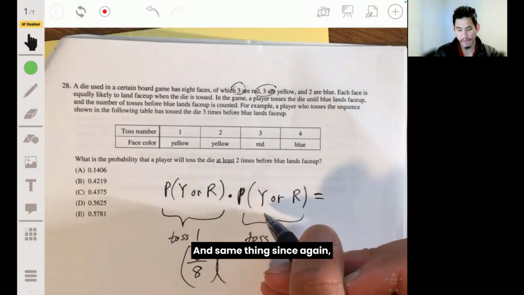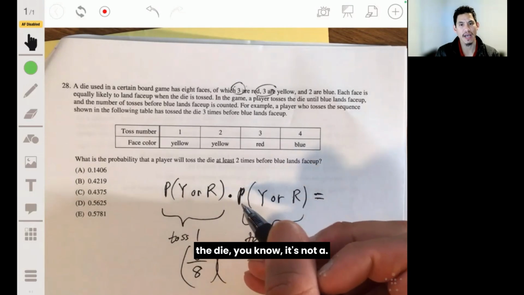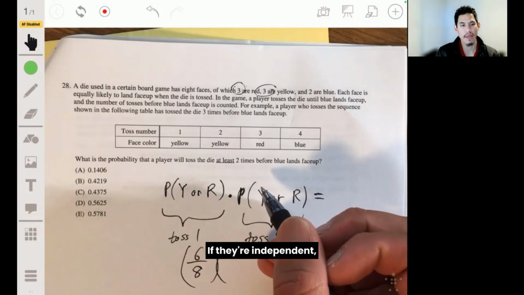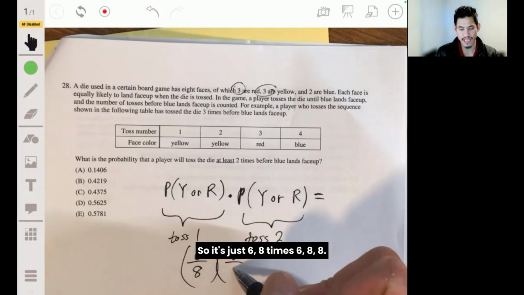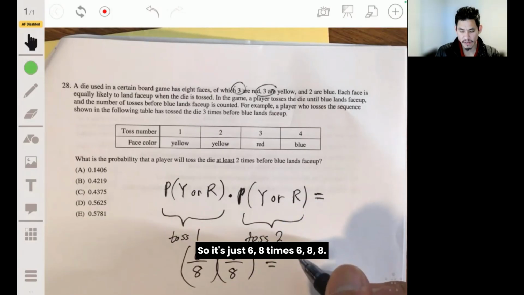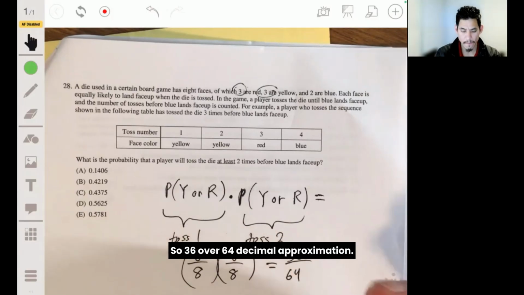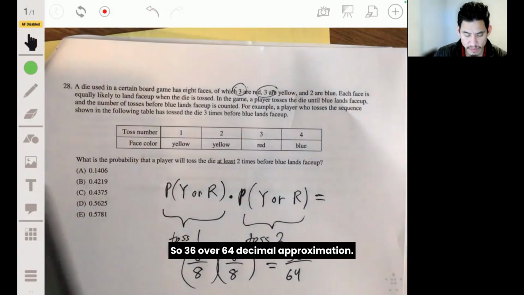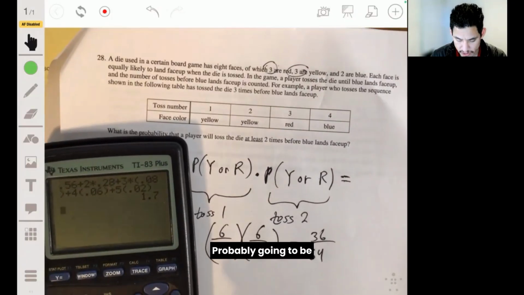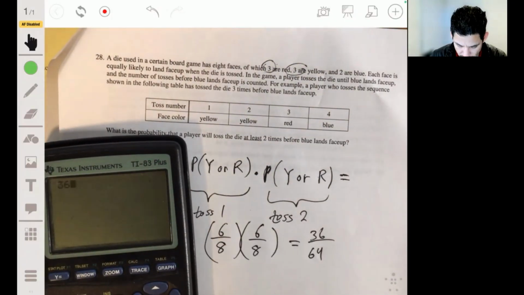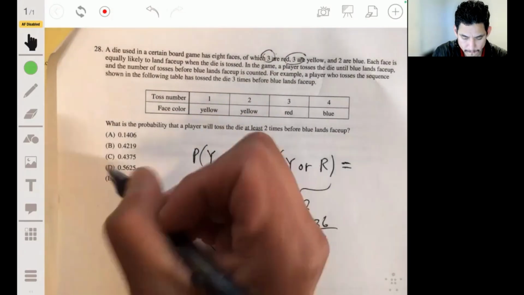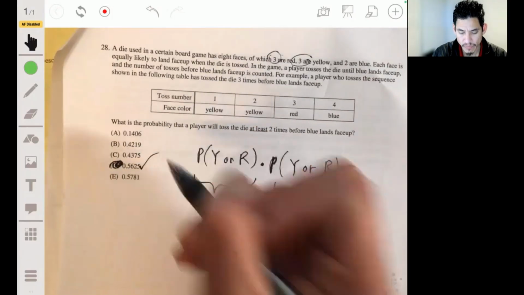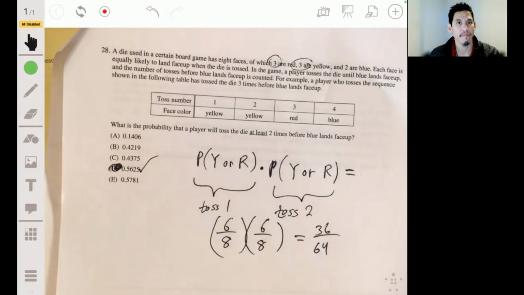And since the tosses are independent, you can still roll the same thing again. So it's just 6/8 times 6/8. So 36 over 64. And then the decimal approximation, it's probably going to be a little more than that, I'm guessing. Yeah, 0.5625. So the answer will be D.